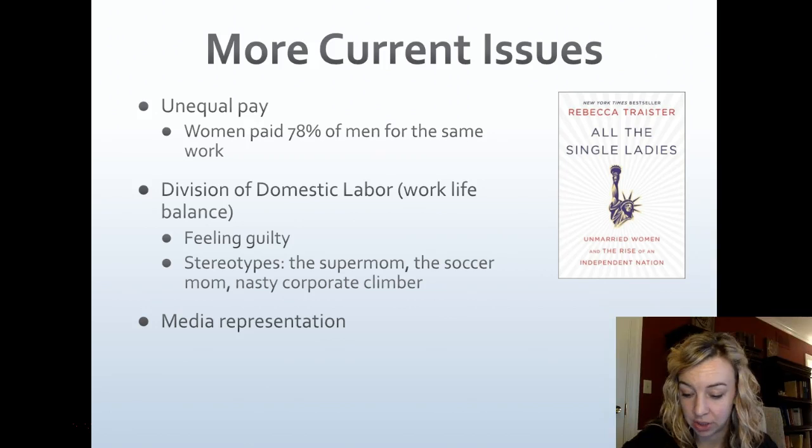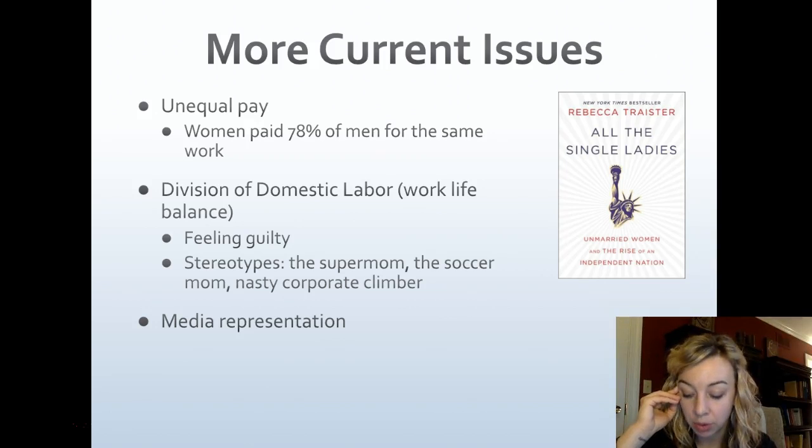Media representation. I have some figures on this. Some studies show a nearly 3-to-1 margin of male front page bylines for top newspapers. So men are more likely to be quoted and more likely to be writing the stories in the news. Also, on Sunday morning TV talk shows, only 14% of those interviewed in one recent study were women.